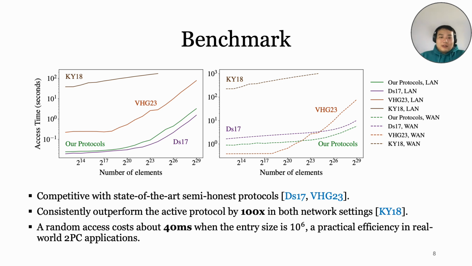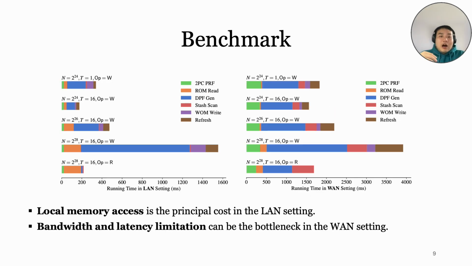We can also see that random access in our protocol costs about 14 milliseconds when the entry size is about 10 to the power of 6. And it shows a great practical efficiency in some real-world 2PC applications. Also, we analyze the cost breakdown of an access operation of our protocol in different scenarios.